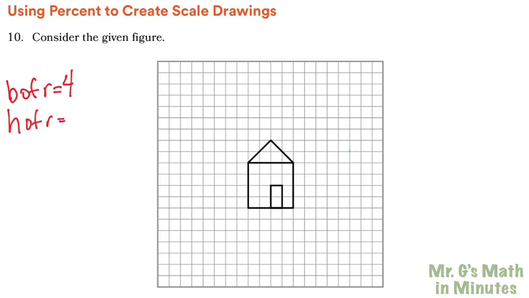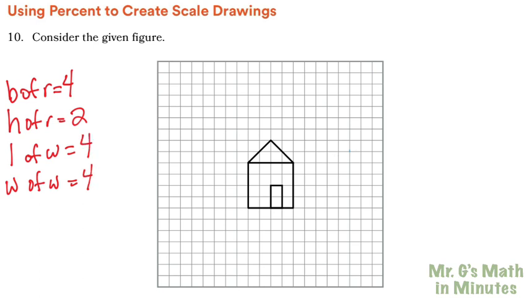So the height of my roof is here. That is 1, 2. I need to know the length and the width of my wall. So if we look at the length and the width of the wall, we got 1, 2, 3, 4, and 1, 2, 3, 4. So both of those are 4s.